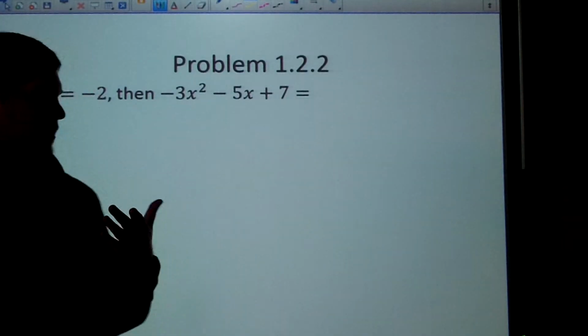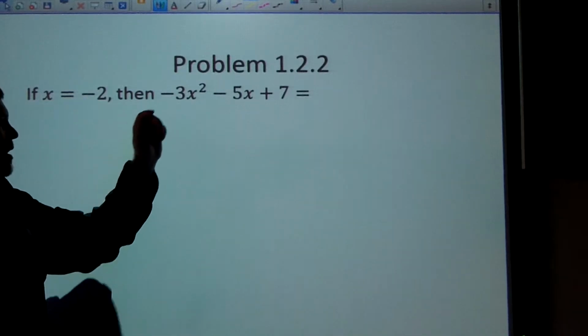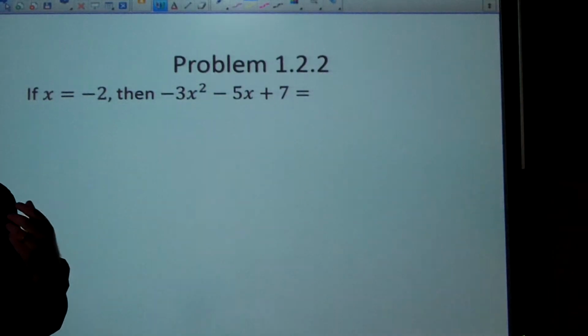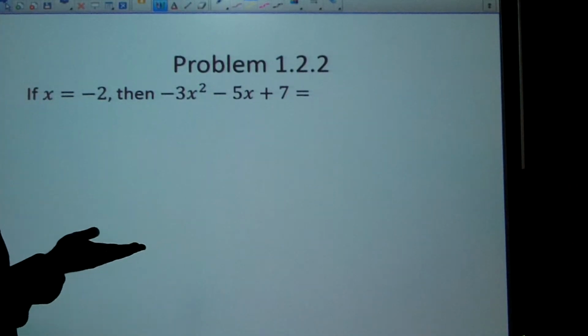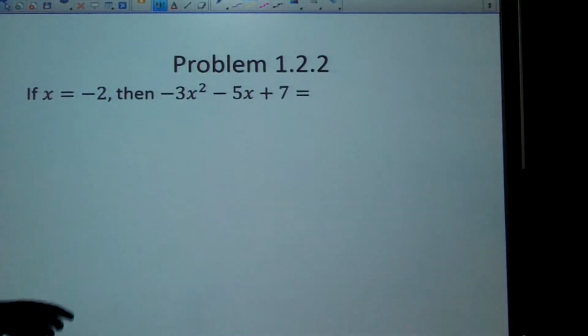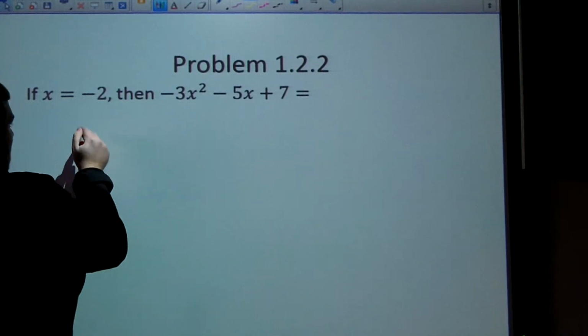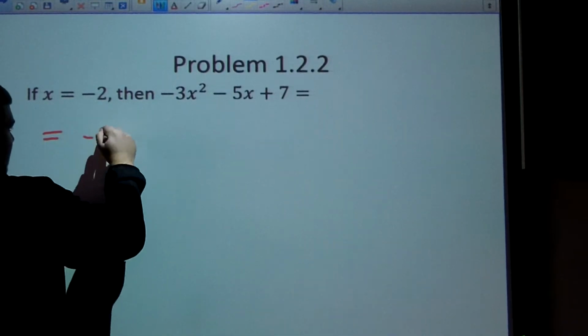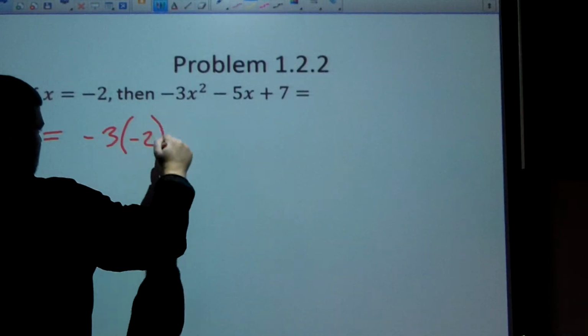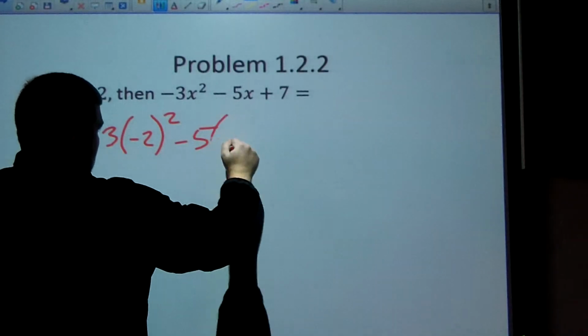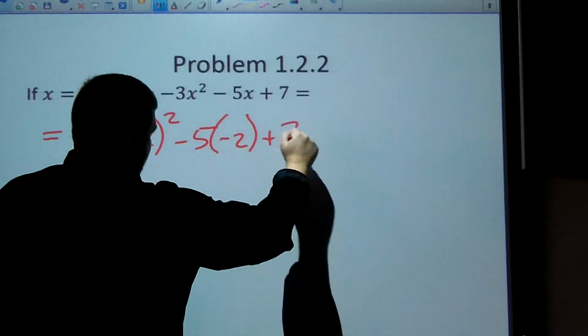So for instance, here I'm told if x is equal to -2, then what does this equal? So first I'm going to just plug in everywhere I see an x, I'm going to put in a -2. And then I'm going to simplify the problem down as much as I can. So I have this is equal to -3 times -2 squared minus 5 times -2 plus 7.